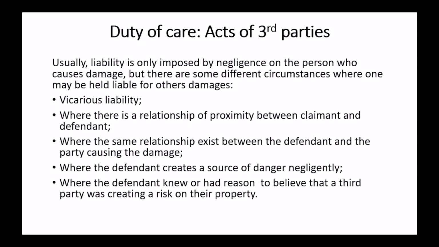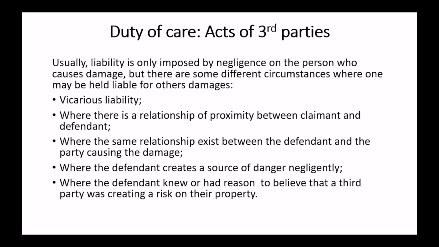Now let's look at the acts of third parties. Liability is only imposed by negligence on the persons who cause damage. But there are some different circumstances where one may be held liable for damages caused by others. And these include vicarious liability.